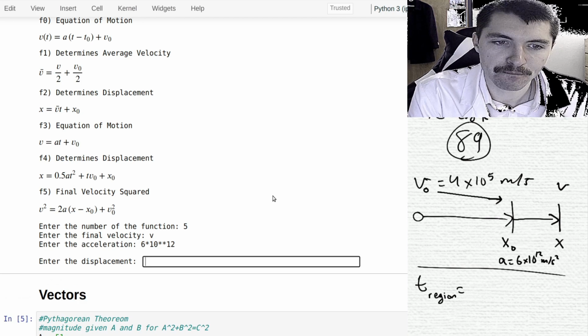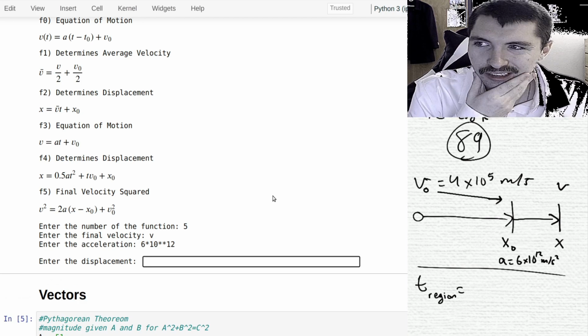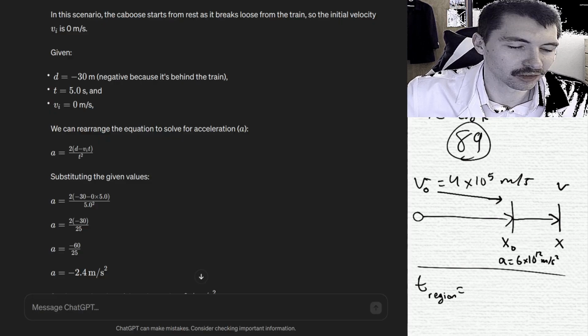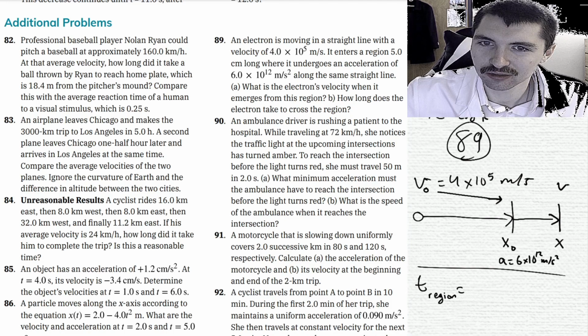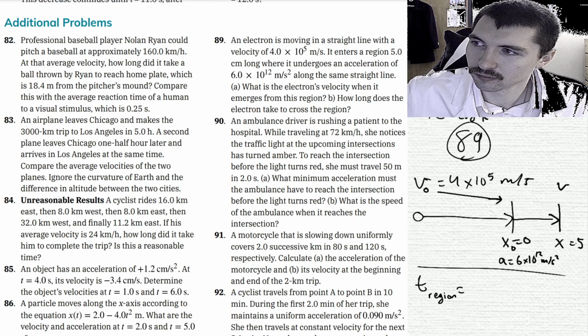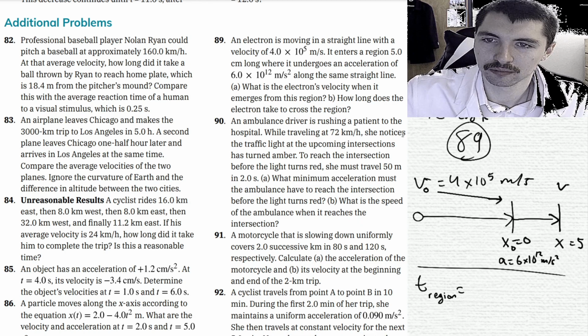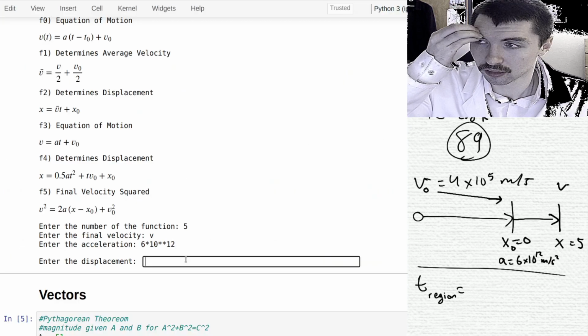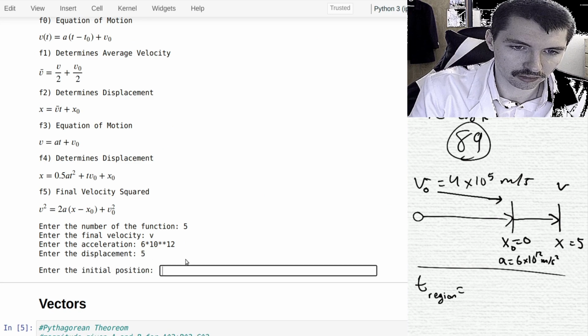Displacement is x. Do we know x? Okay, x is 0.06.